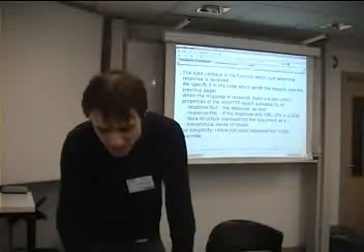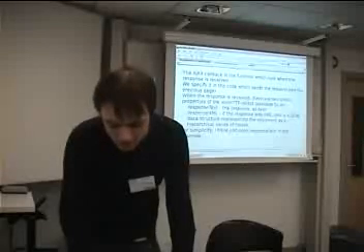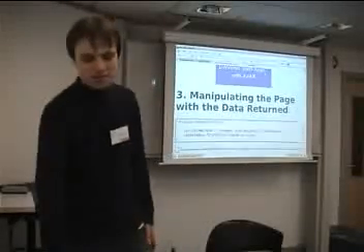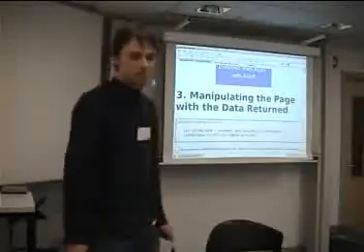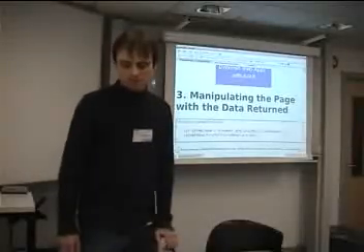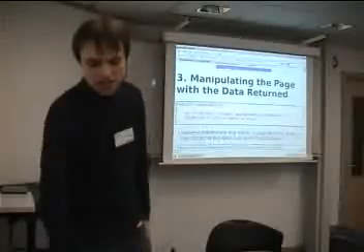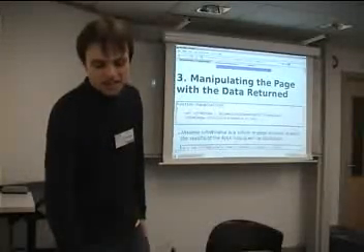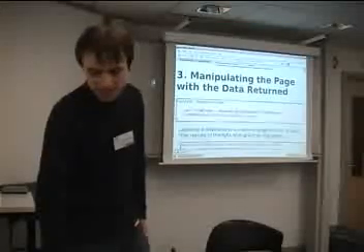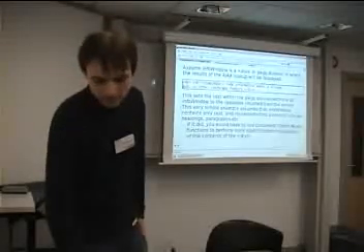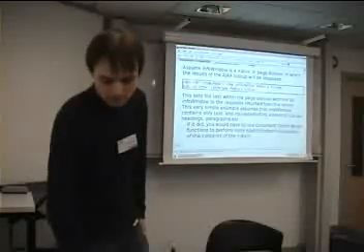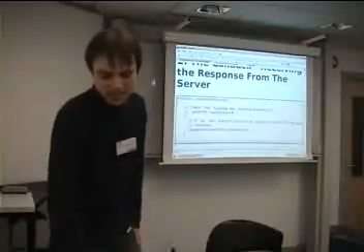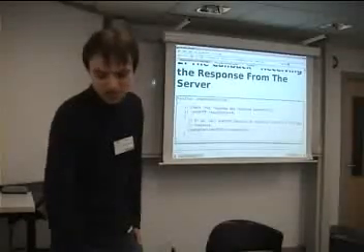Right, so on to actually manipulating the page. Now I've got our data back. Again, for simplicity, I've just shown you a very simple example. Change text is our function. If you remember, we're passing the response text into the change text function.